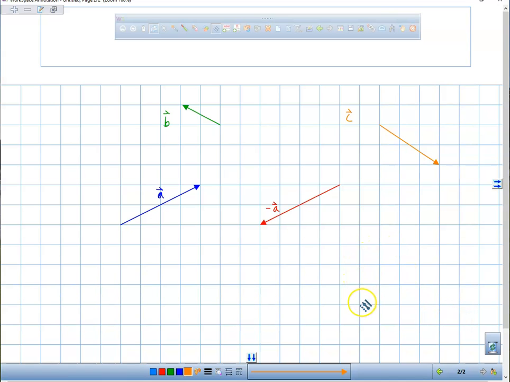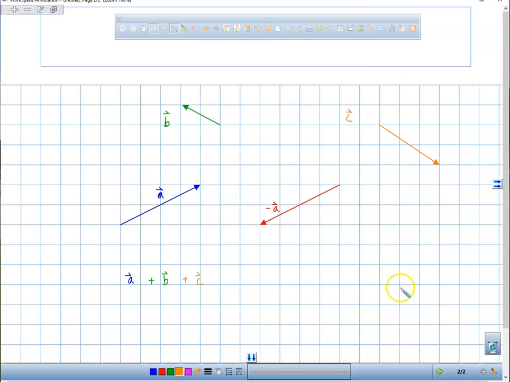So what we're going to do right now is take vector A, add vector B, and add the third and final vector, vector C. It's going to be important that your drawings are exactly like my drawings.